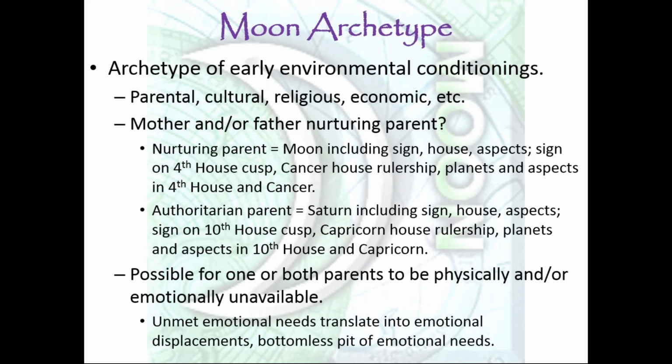All of this is going to be included in those early environmental conditionings, just by the factor that the polarity of Cancer is Capricorn and the polarity of the 4th house is the 10th house. That's going to come into this picture of, again, these early environmental conditioning factors.